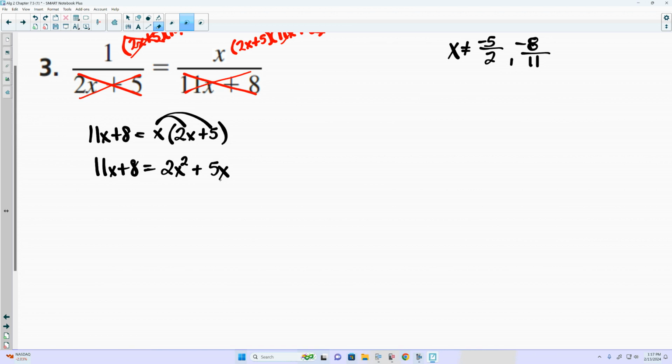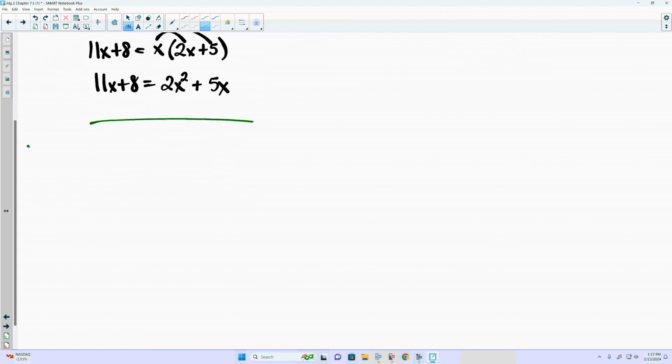Now this is the first one we've had where we have a variable with an exponent greater than 1, 2x squared. Since this is a quadratic, we need to get it equal to 0. So the first thing we can do in getting it equal to 0 is to subtract 11x. Now our 5x minus 11x is negative 6x.